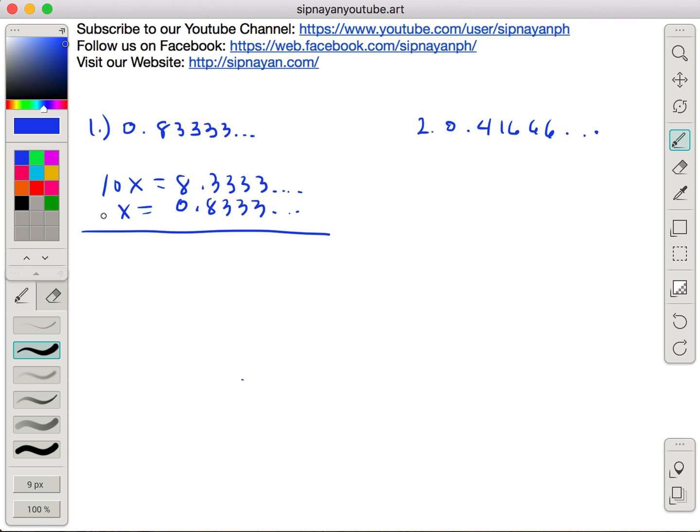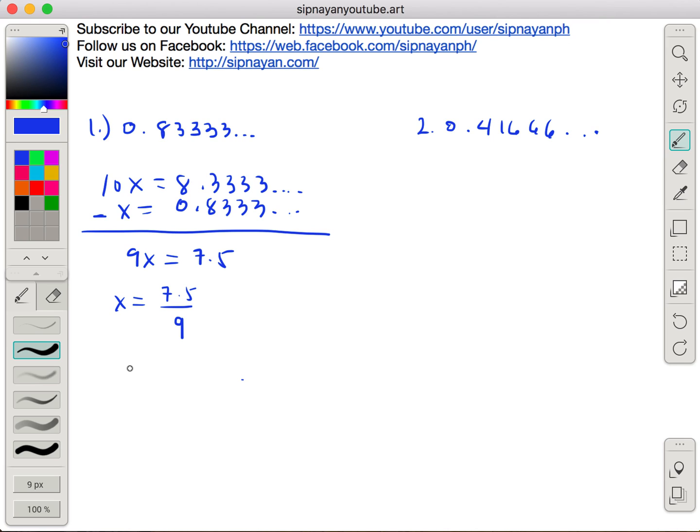Pag nag-subtract tayo, mawawala na yung mga 3's, kasi pag nag-minus tayo, we start from the right. 3 minus 3 is 0. Ang matitira lang sa atin, 8.3 minus 8. So, 10x minus x is 9x. And 8.3 minus 8 is ilan? I think 7.5. Which means that x is equal to 7.5 over 9.